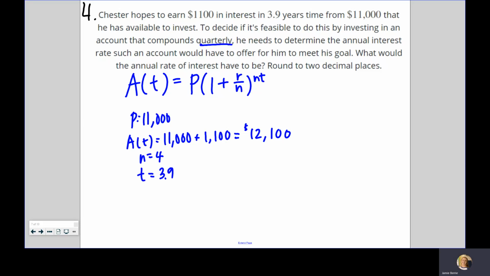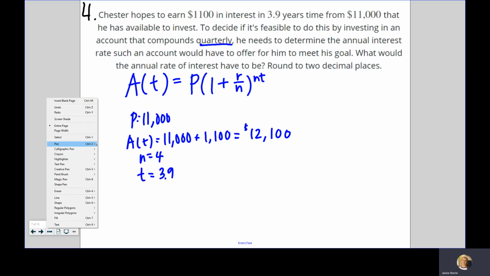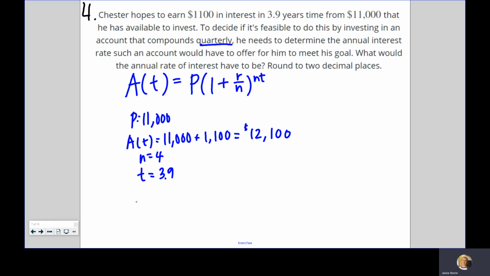All right, so let's plug in what we know and then see if we can solve for our remaining variable. A of t we decided was 12,100 because that's the amount that he wanted to have in the account after 3.9 years. Principal was 11,000. 1 plus, we do not know R. We know that N is 4. And we know that our exponent here is N times T, so that's 4 times 3.9.